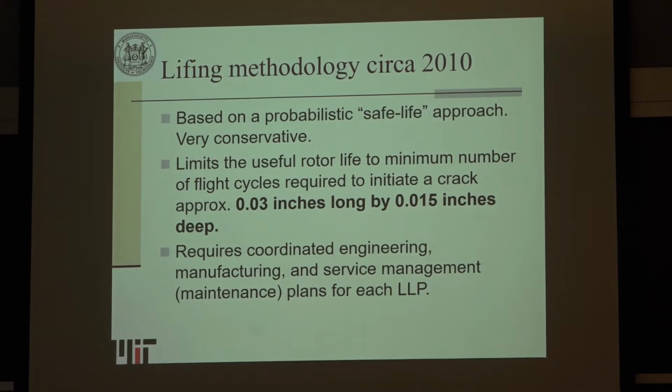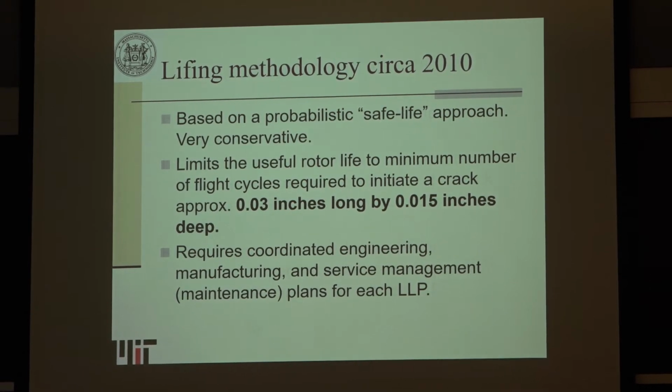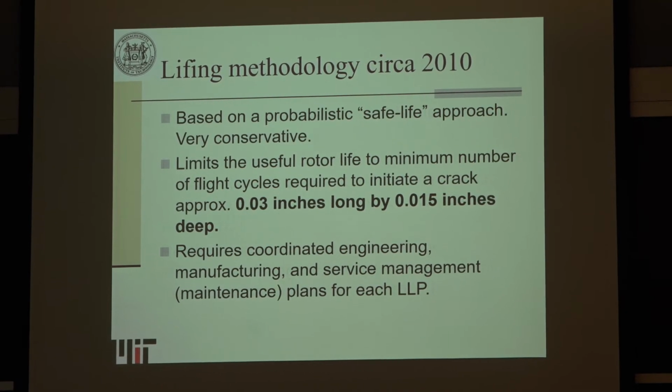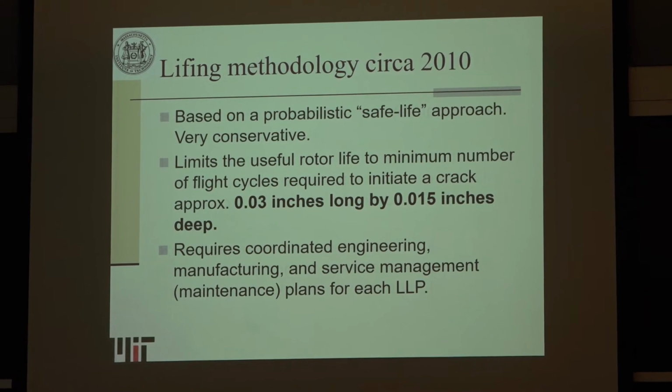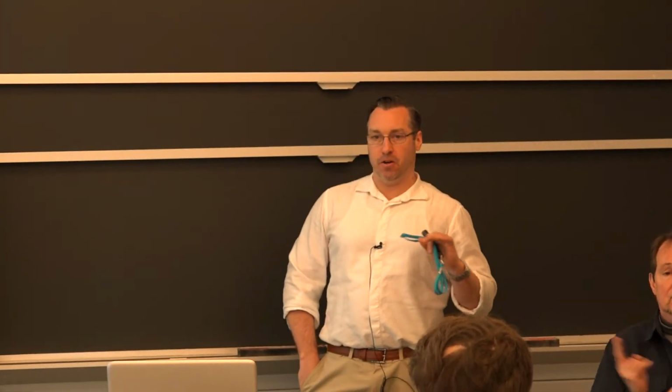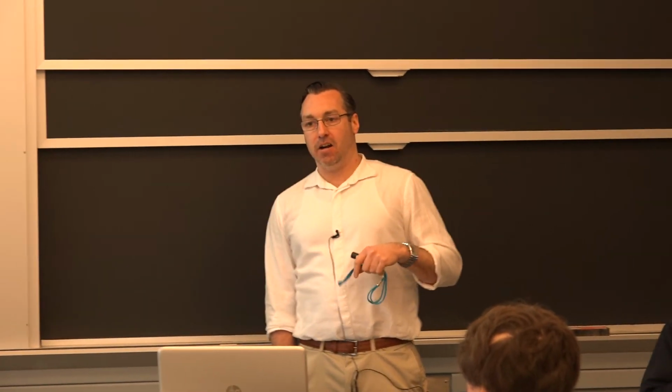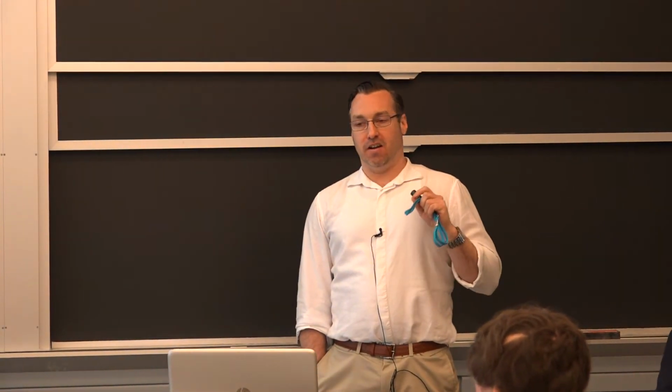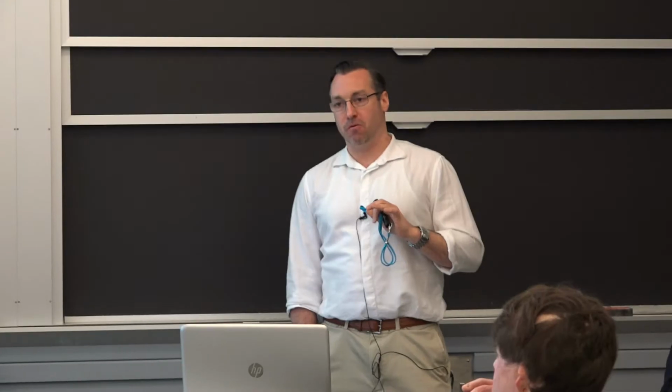Because there were some critical catastrophic failures in the 80s, what happened was the FAA decided to set what's called a safe life approach to these critical parts, meaning that whether they still had useful life left or not, they would have to be retired from service based on X amount of cycles that they reached.